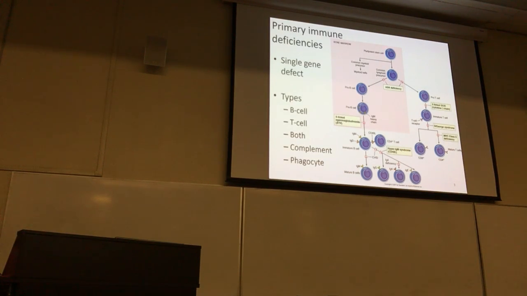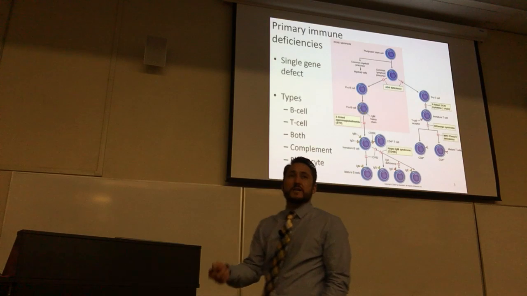So your bone marrow is this box right here. This is all happening in the bone marrow, where you have stem cells in the bone marrow. That's that pink box. And that stem cell either is going to move out and move into a pro-T, go to the thymus, or it's going to go down the B pathway, and it manufactures IgM, G, A, and E, your different varieties of antibodies that come from B cells or plasma cells.